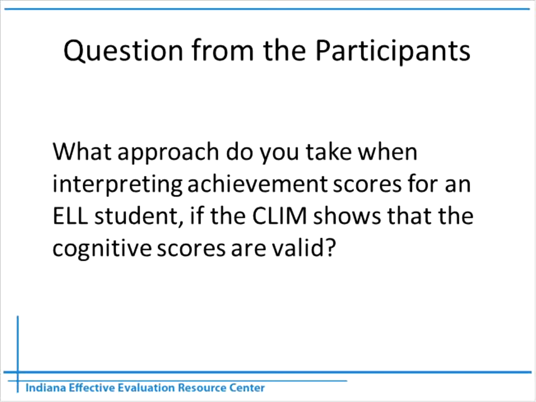Use them as the baseline, use them as a standard for moving ahead in instruction and or intervention, and you link deficiencies relative to the cognitive scores that were obtained. Again, assuming that they were validated as being true.